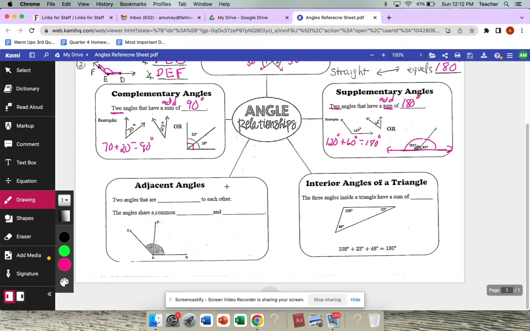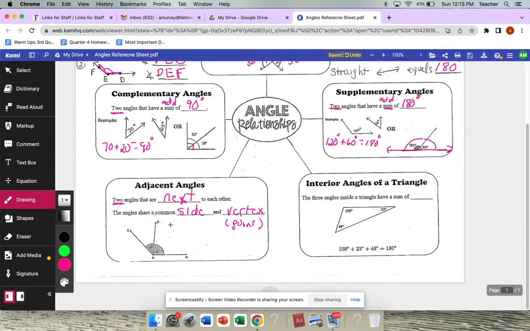The next type of angles we have to be able to identify are adjacent. Two angles that are next to each other. The angles share a common side and vertex, which is just a point.